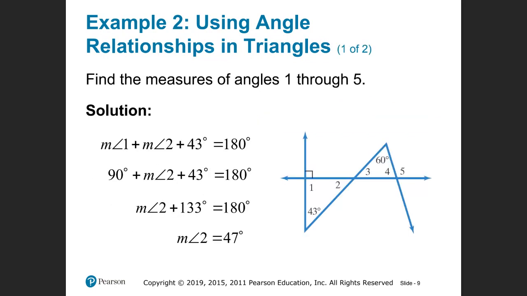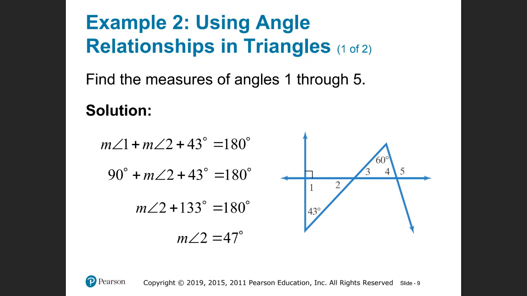Example 2. Find the measures of angles 1 through 5. The measure of angle 1, angle 2, and 43 degrees would be equal to 180 because they form a triangle. We also know that the measure of angle 1 is 90 degrees because of the little box at the vertex.